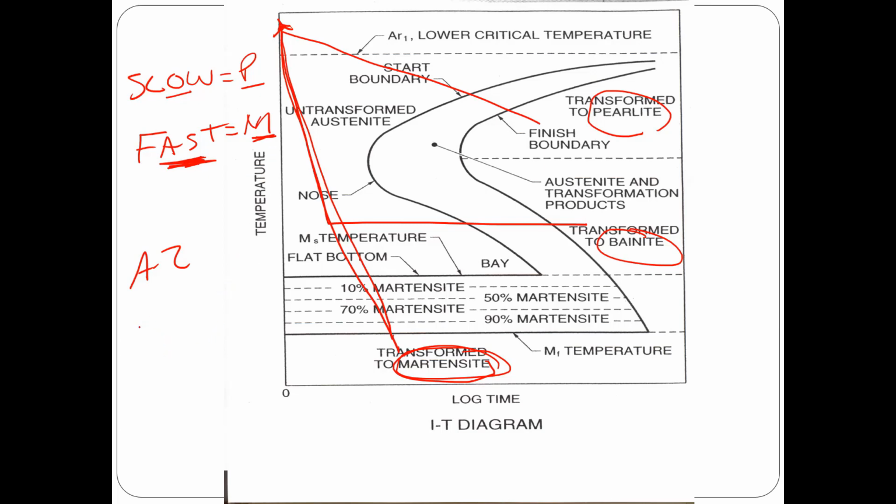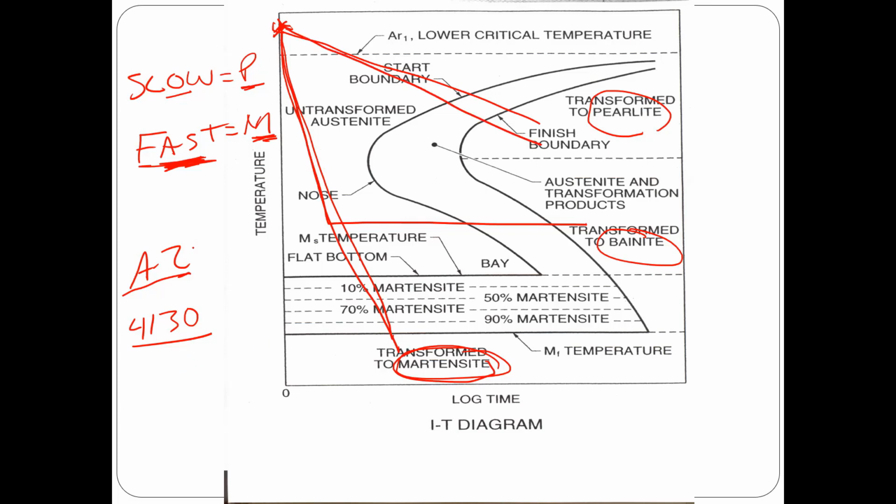What if I took a piece of 4130 alloy steel and I austenitized it and pulled it out of the oven and set it on the bench right next to my A2? My A2, pulling it out of the oven and air cooling it, is fast because I end up with martensite. If I do exactly the same thing with my 4130, I'm going to end up with pearlitic products, and it's going to be way out here.